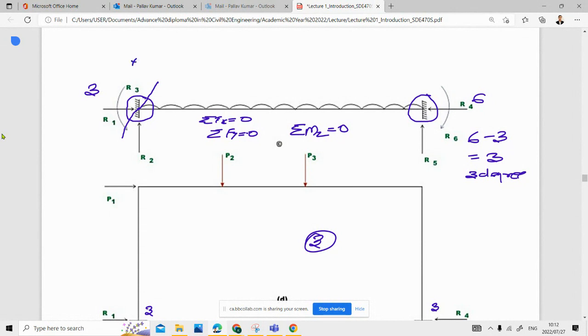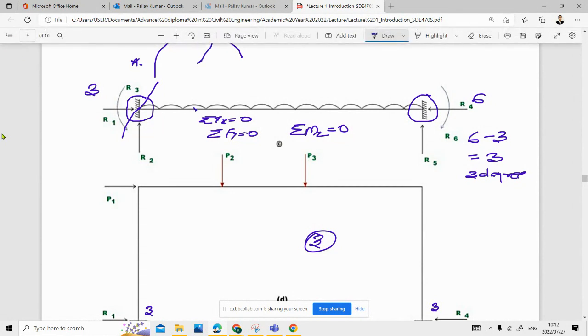So that is why it is Mz. You are taking a moment about your Z axis. If you try to rotate anything on this beam, it will rotate like this, and the axis is along the Z axis. You got it? So that is why we write Mz.